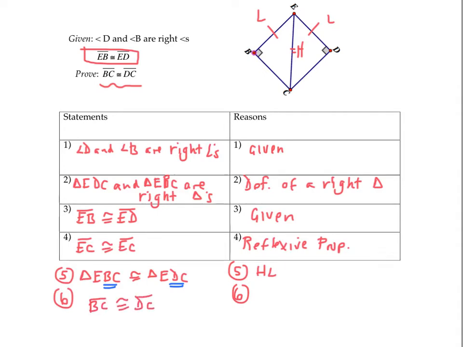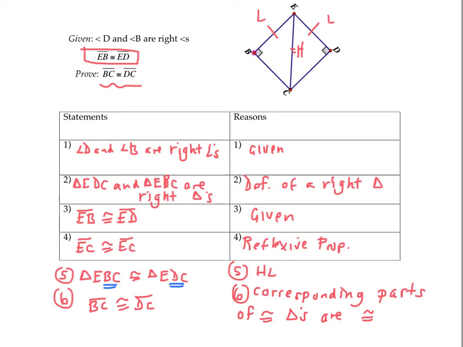And this is because corresponding parts of congruent triangles are congruent. Now, I'm not going to make you write it out like that every single time.